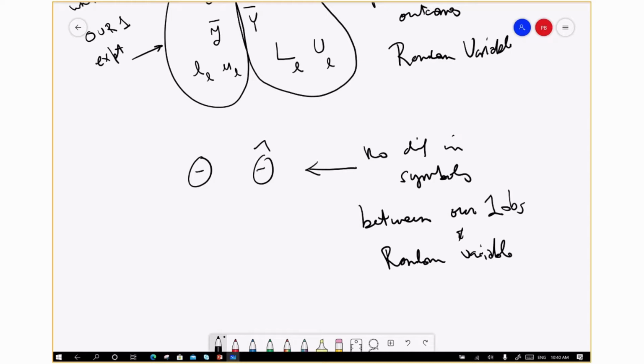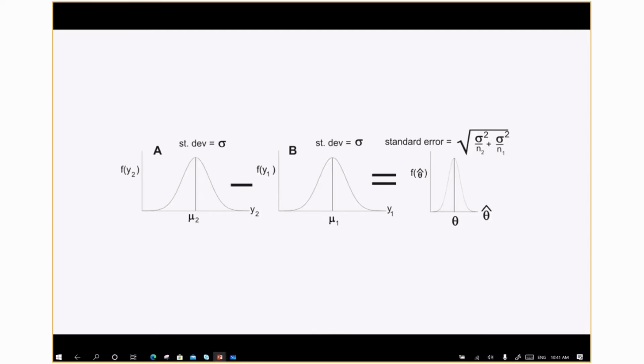Okay, now what I want to do is go on and look at figure 5 in your notes. This is figure 5 from your notes, and it's going to be used to determine how we actually figure out the difference between 2 population means. So here we have population 2, which is normally distributed with mean mu2 and standard deviation sigma.